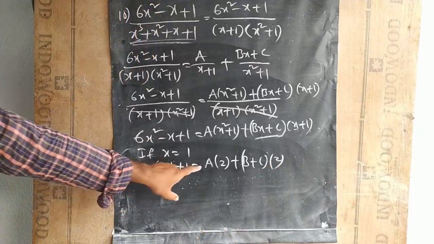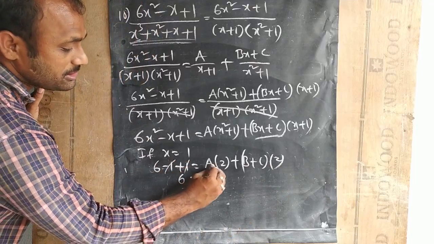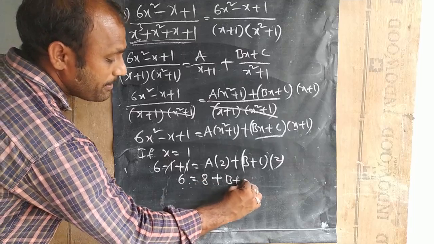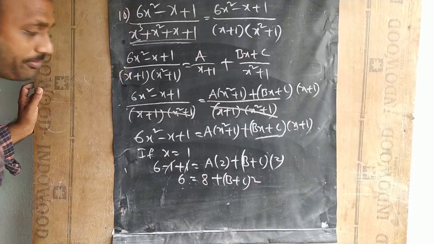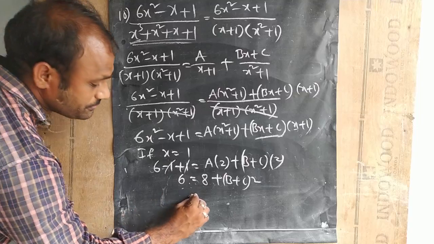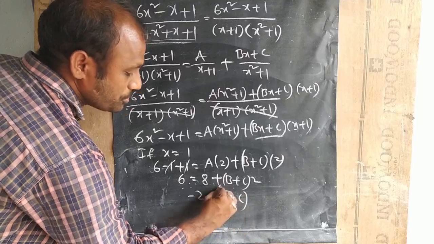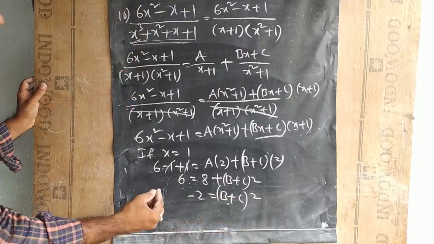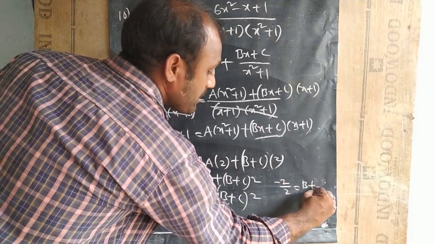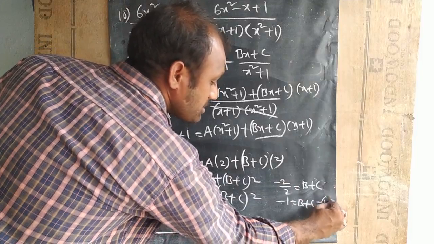Now already the A value is 4, we know. Substitute; the (-1 + 1) term gets cancelled here. 6 equals 4 twos are 8, plus (B plus C) into 2. So 6 minus 8 is minus 2, equals (B plus C) into 2. So let us divide: minus 2 by 2 equals B plus C. That is -1 equals B plus C. Mark this as the first equation.